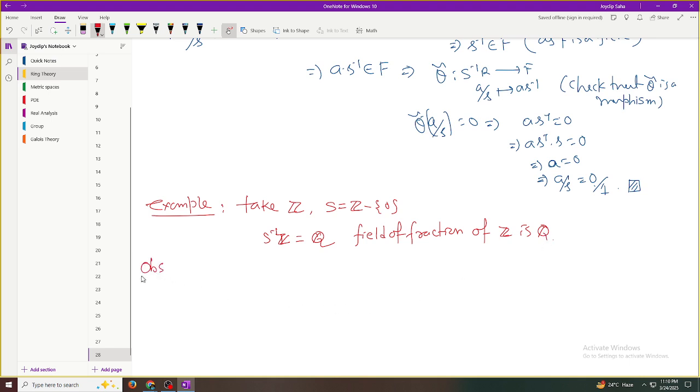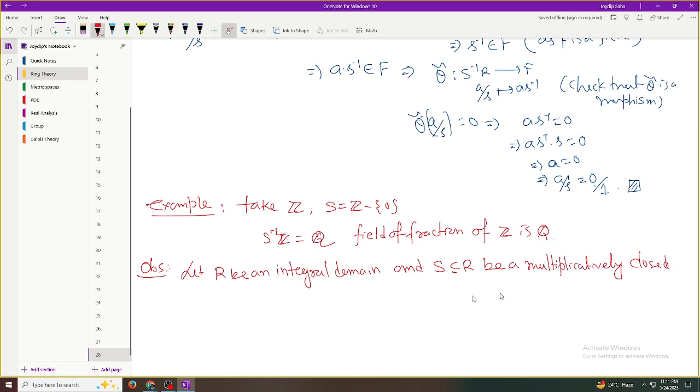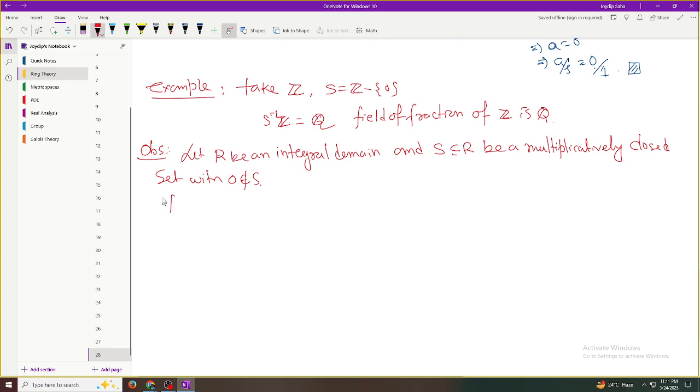Next observation: let R be an integral domain and S subset of R be a multiplicatively closed set with 0 does not belong to S. If 0 belongs to S, then S inverse R is trivial, nothing to study.